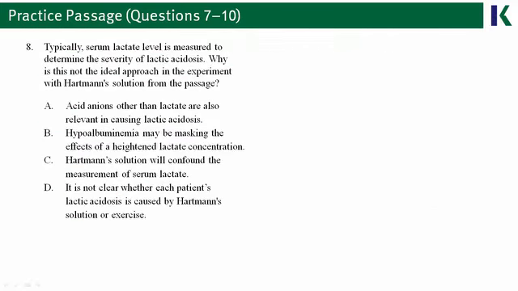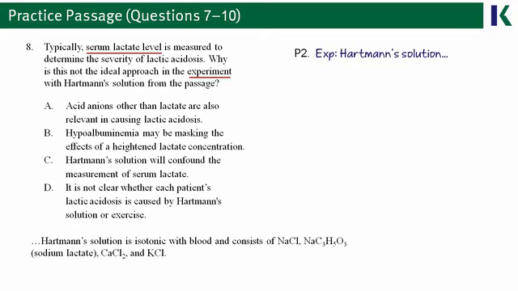Question number 8 gives us a normal situation that normally the measure for lactic acidosis is serum lactate level, but then asks why this might not work so well for the experiment that we see in the passage. Again, it's giving us a phenomenon, saying this doesn't work very well, and asking us why. What is the cause of this phenomenon? So if we go to the research here, experiment is paragraph 2, and if we go to paragraph 2, it tells us what Hartmann's solution is actually made out of.